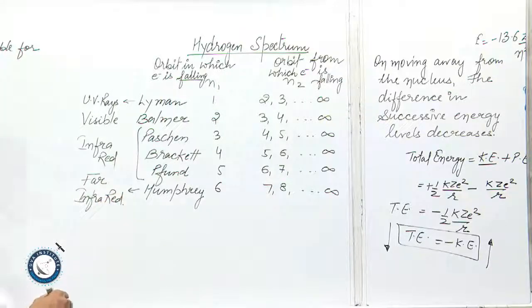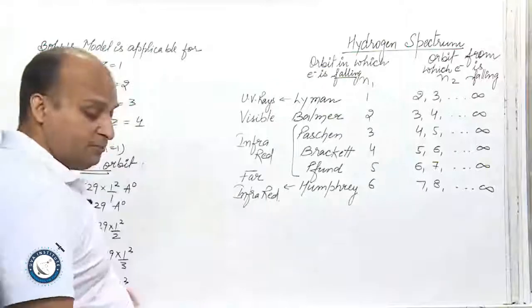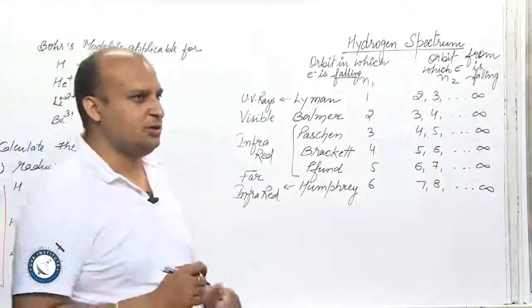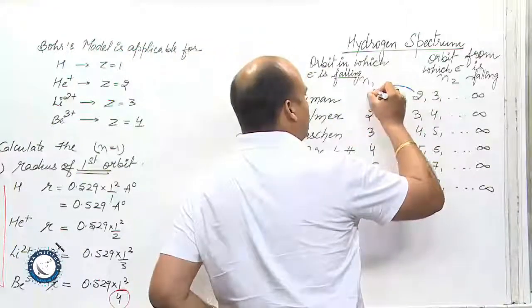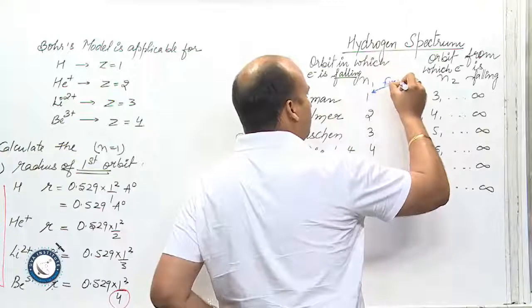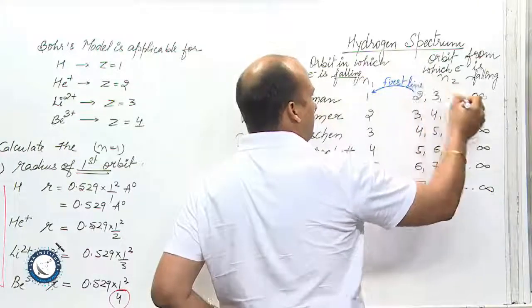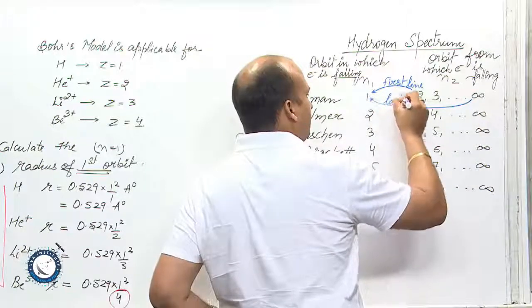Okay. Now, there are a few things which are very important, which are like the language which they will be using for this type of question. Listen to this very carefully. When you say 2 to 1, it is the first line. Infinity to 1 is considered the last line.